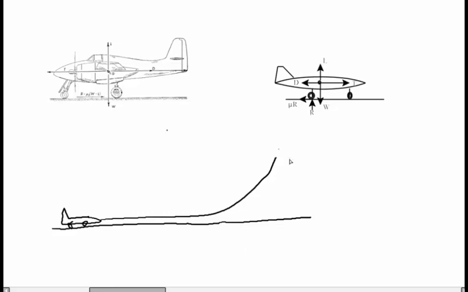This altitude, as I said, is the safe altitude, around 50 feet. If I make a straight tangent here, this angle will be gamma.